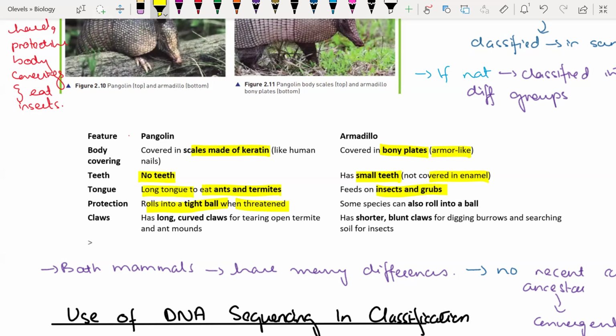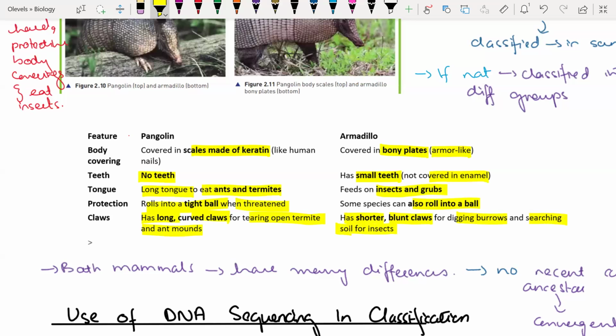While in case of armadillo, only some species can roll into a ball-like structure. If we talk about the claws, pangolins have long, curved claws for tearing open termite and ant mounds, while armadillos have shorter, blunt claws for digging burrows and searching soil for insects.